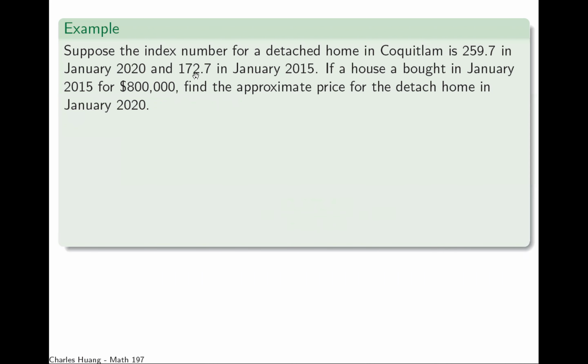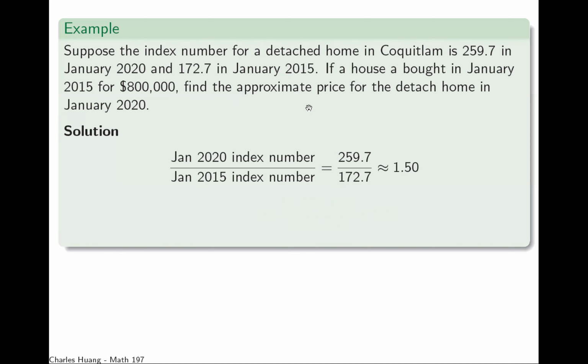Now we know 172.7 back in 2015 will grow to 259.7. So what we'll do is this. We can divide them. It's a little bit like doing unit conversion, right? We take 2015 and then we look at what happens in 2020.